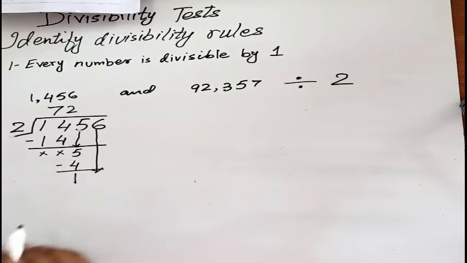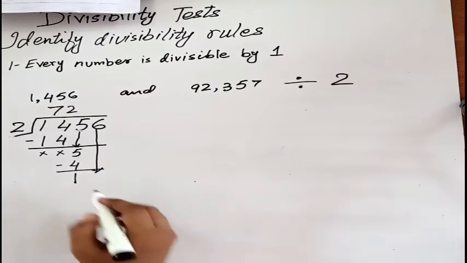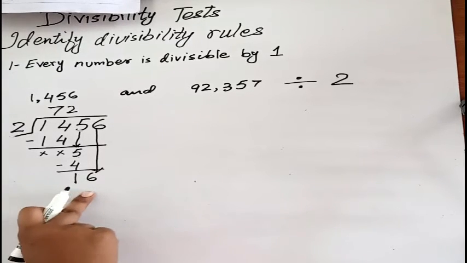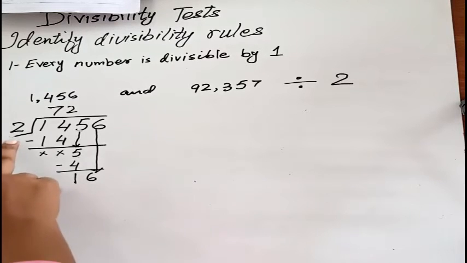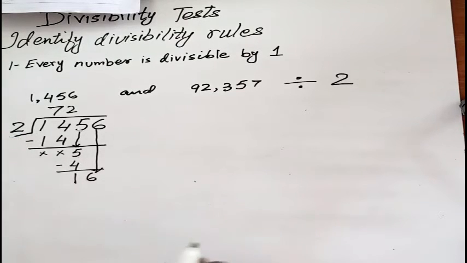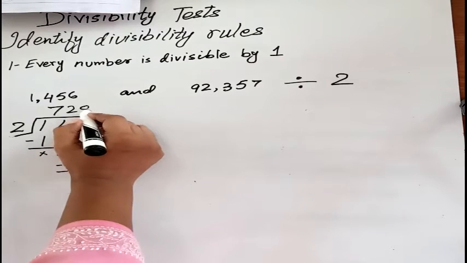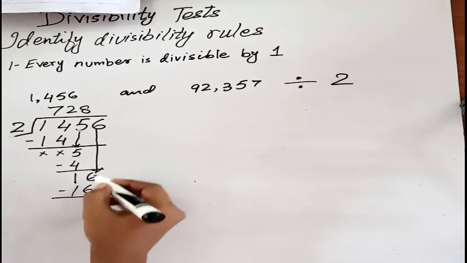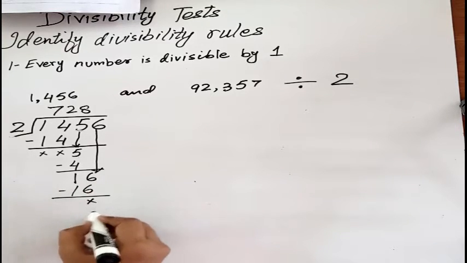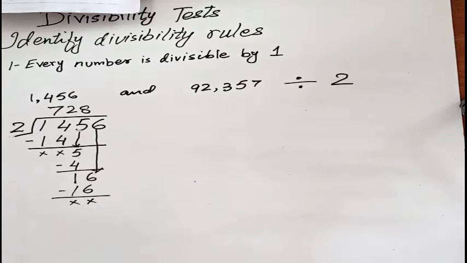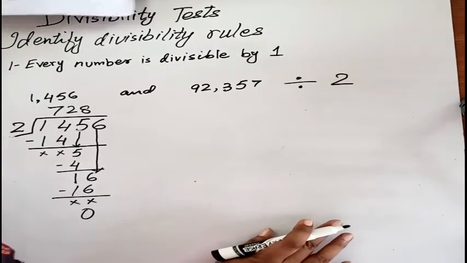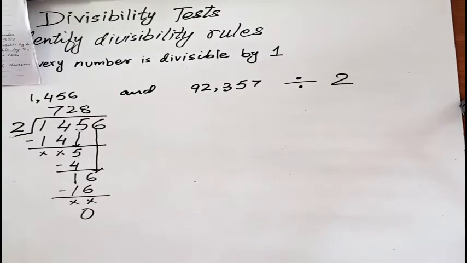Now it has become greater than 2. 2 ones are 2, 2 twos are 4, 2 threes are 6, 2 fours are 8, 2 fives are 10, 2 sixes are 12, 2 sevens are 14, 2 eights are 16. 2 eights are 16. Again we will subtract these numbers. 6 minus 6 is 0, 1 minus 1 is 0. That means the remainder is 0. Remember, students, the answer is 0.